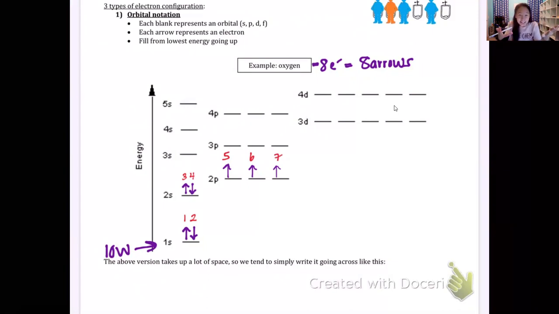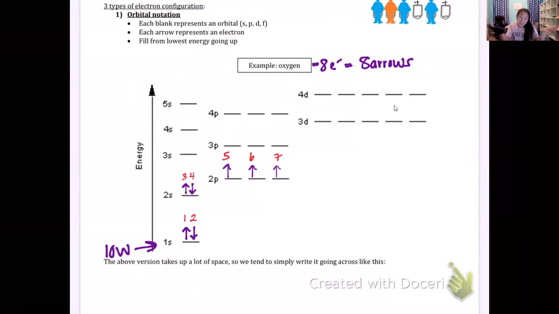But we need 8 electrons to represent oxygen, right? So we have to have number 8. So the question is, where does number 8 go? A lot of people draw it in the wrong spot initially. I'm sure you're thinking, oh, does it go over here? Does it go to the next house? No, because we have to fill all the houses, okay? We have to follow Aufbau's rule.